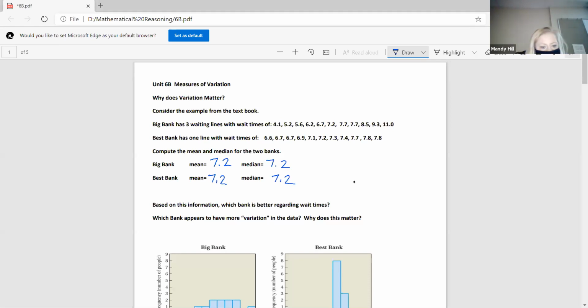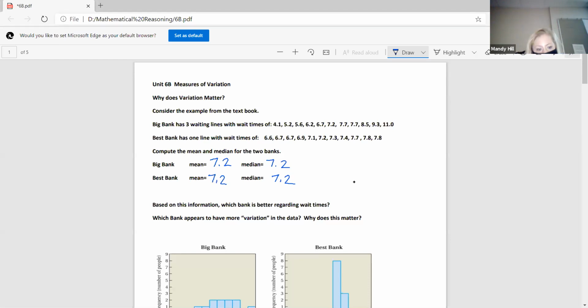Okay. It says, based on this information, which bank is better regarding wait times? If we just use the mean and the median, it doesn't look like there's any difference, right? But in reality, we're probably going to have more unhappy customers at Big Bank than at Best Bank.